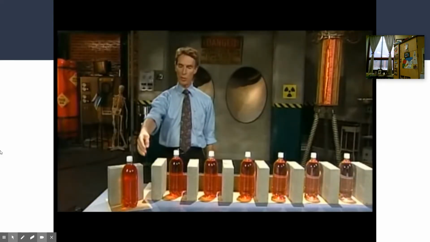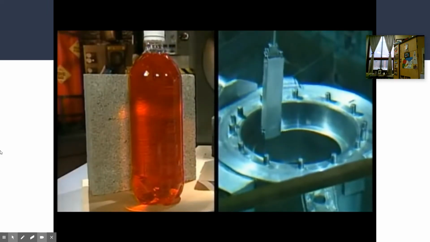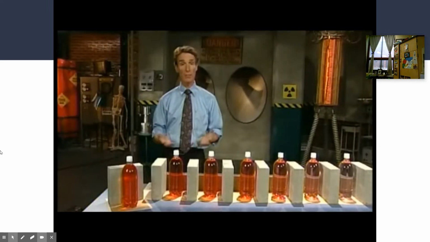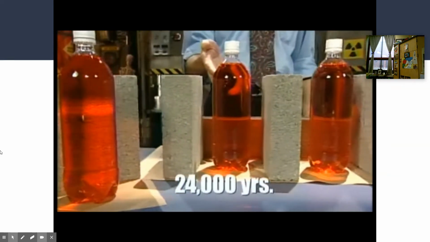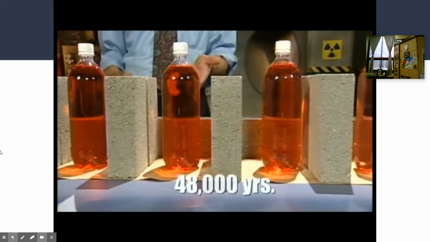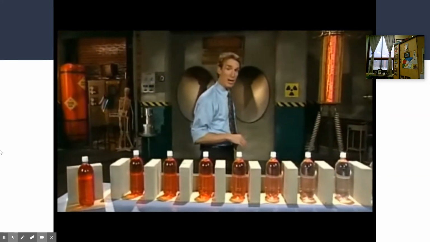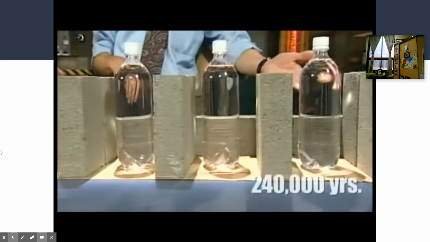So let's say this red water is plutonium in a spent nuclear fuel rod fresh from the reactor. Well, after one half-life, 24,000 years, diluting this water by half, it looks like this. After 2 half-lives, 48,000 years, it would look like this. After 10 half-lives, 240,000 years, the water starts to look pretty clear.